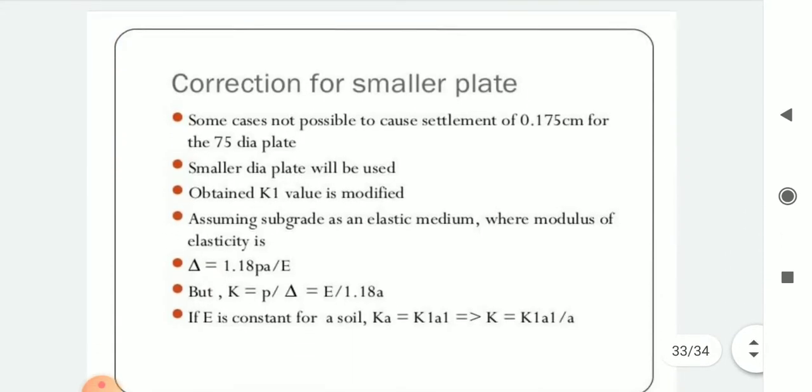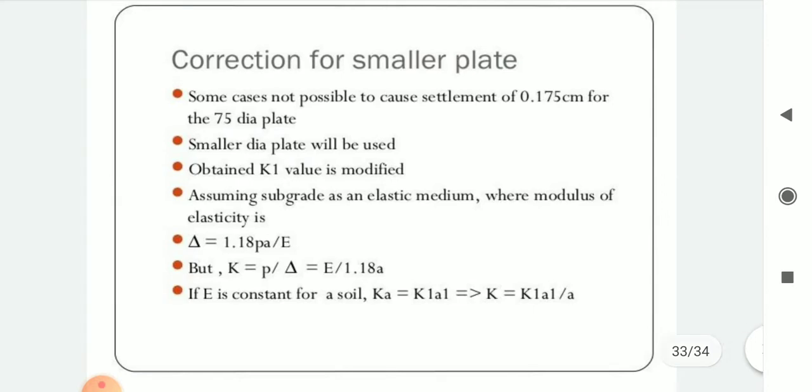Then correction for smaller plate. In some cases it is not possible to cause settlement of 0.175 centimeter for the 75 diameter plate. A smaller diameter plate will be used.